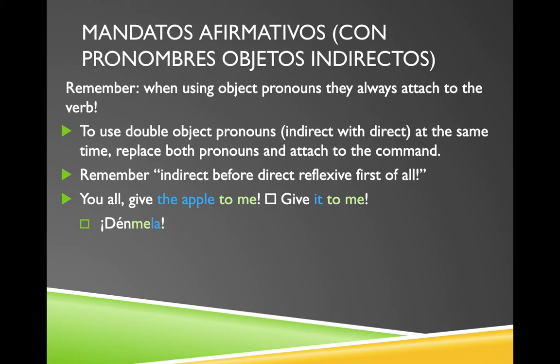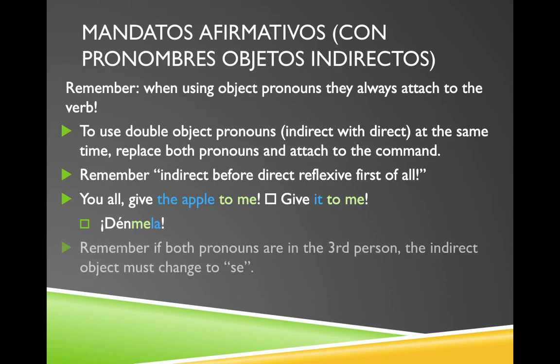To me, that's me. The saying: indirect before direct, reflexive first of all. The indirect, person receiving that thing, before the direct, what's receiving the action. Indirect before direct, and they attach. Affirmative commands always have pronouns that attach. Dénmela. Dénmela.